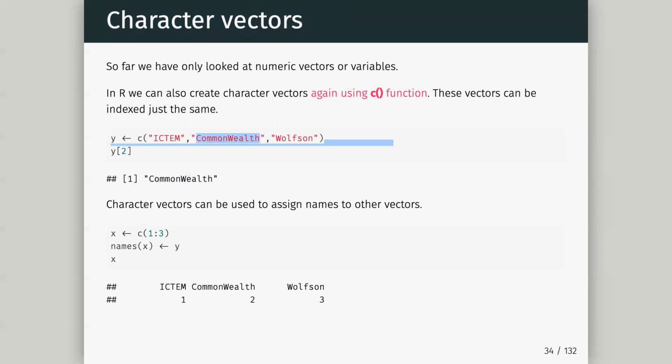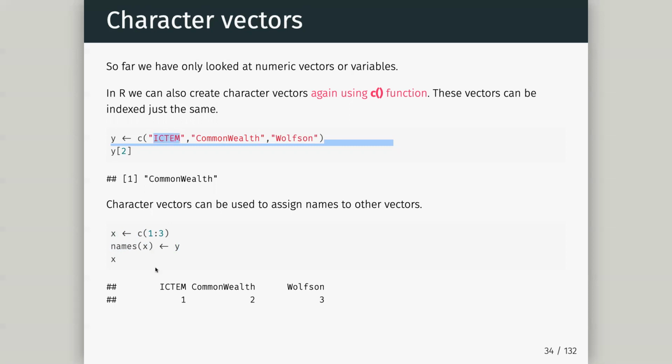A really useful thing about character vectors is they can also be used to assign names to other vectors. So in this case, I can create a vector of 1 to 3, c(1:3). And then I can assign to that vector using this names function. So I just do names(x), and I give it another vector, here the strings from here.